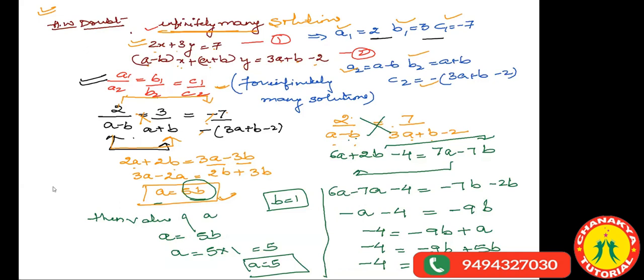Now the next question is, question number 1: find the value of k for which the following pair of equations has no solution.